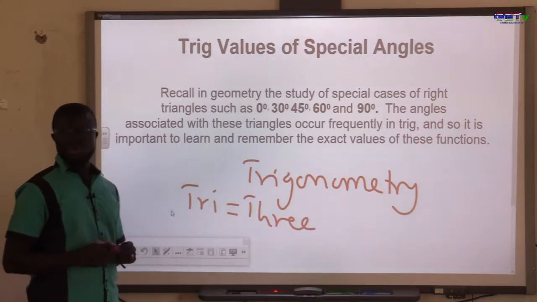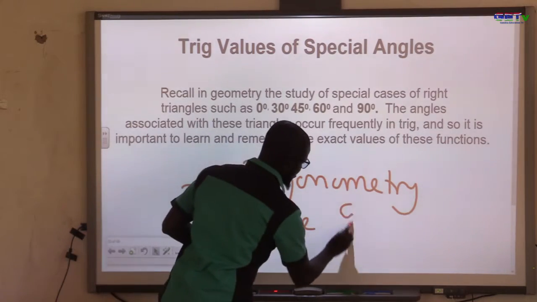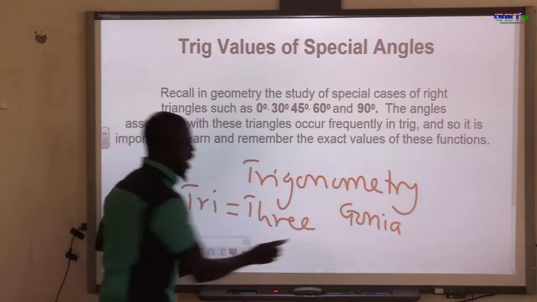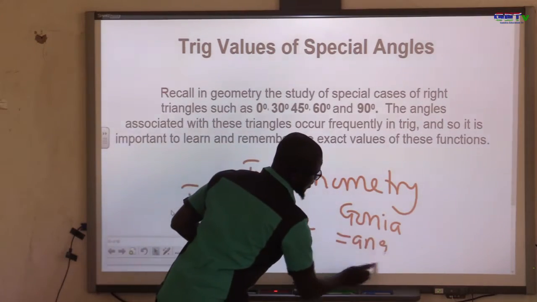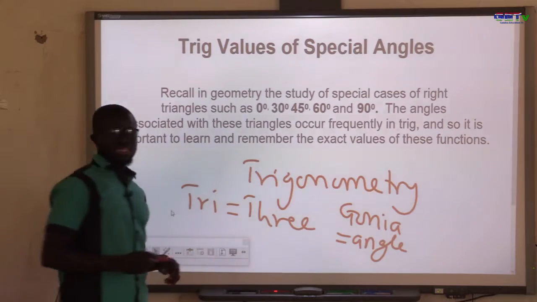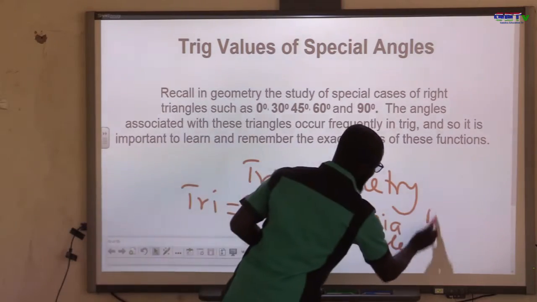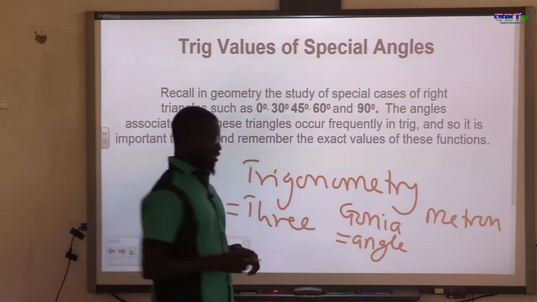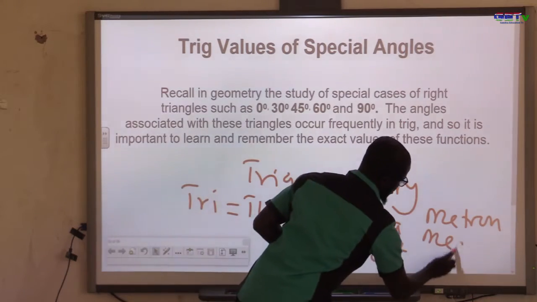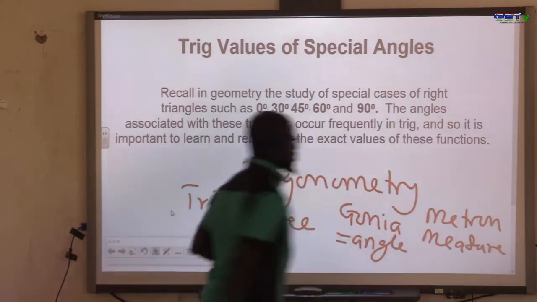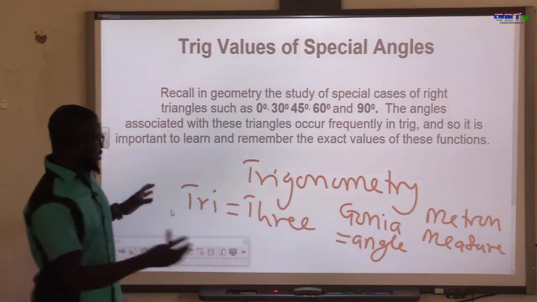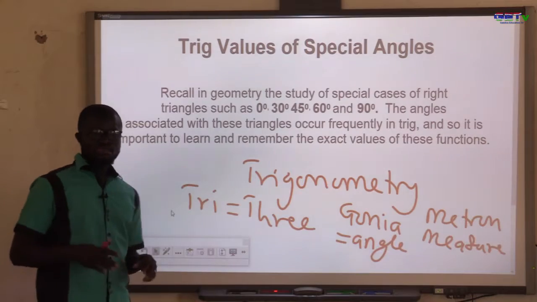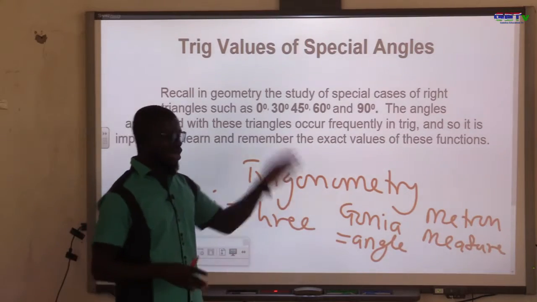The gono, from the Latin gonia, refers to the angular, and here we refer to the angle. And metri, from the Latin metron, refers to what? Measurement. In short, these 3 syllables combine to form the word trigonometry, meaning triangular measurement.